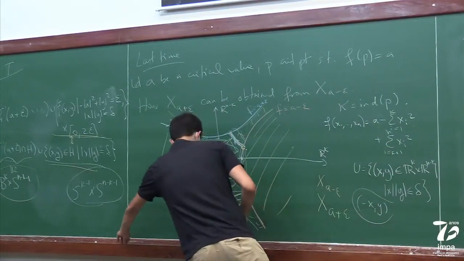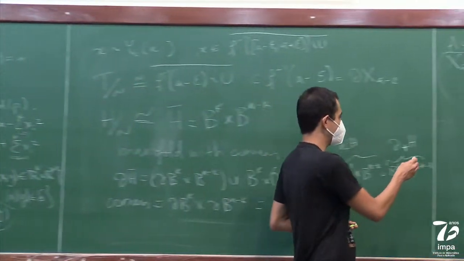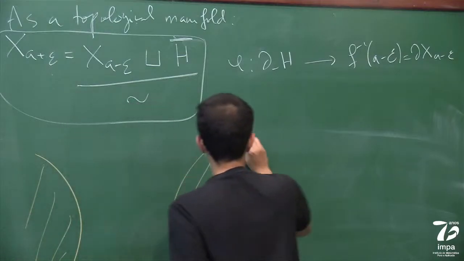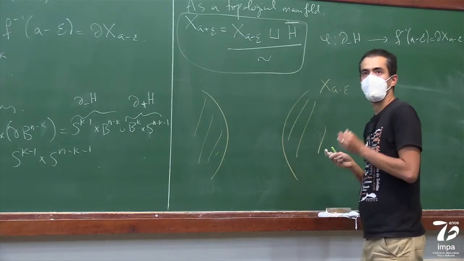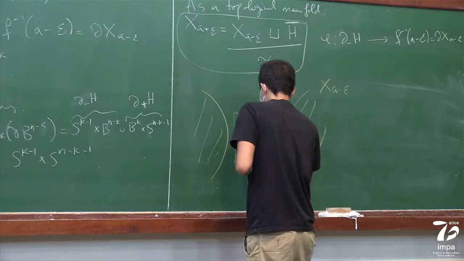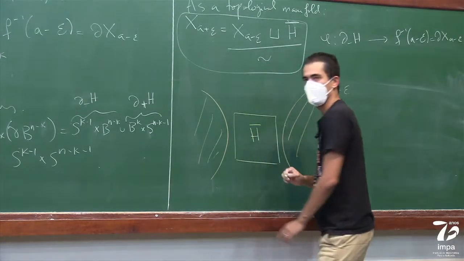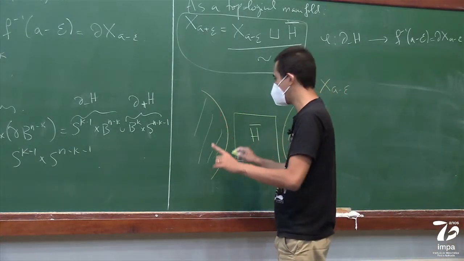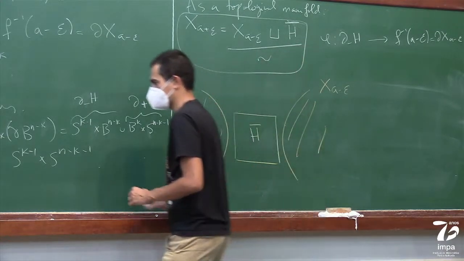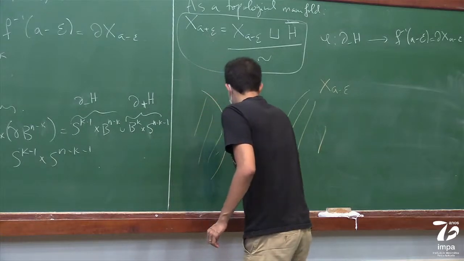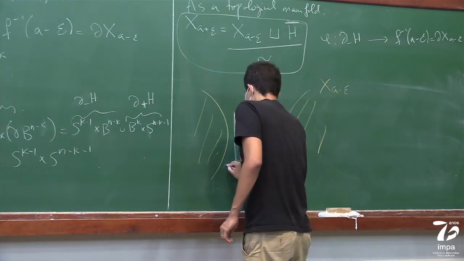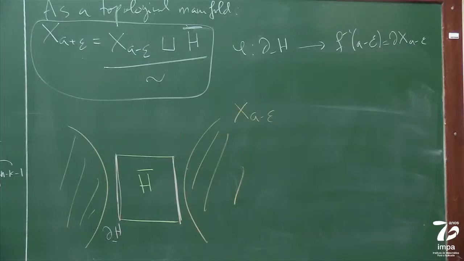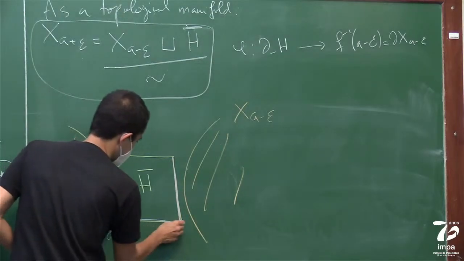So I can redraw this picture with the collapse so you can see what's really happening. After you collapse, what you have is this. Here's your x a minus epsilon, and then you put your handle here, which is called h bar, the product of two balls. And you have two parts of the boundary. This part here is what I'm calling the negative part of the boundary, and then you have the positive part, which is this blue part.